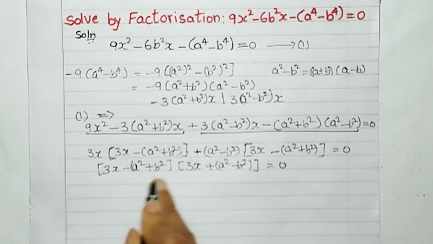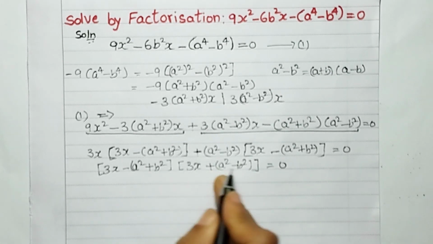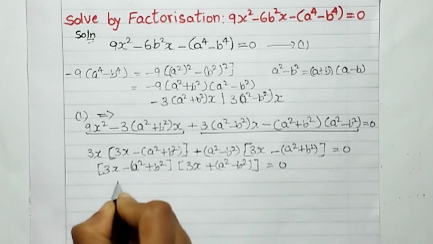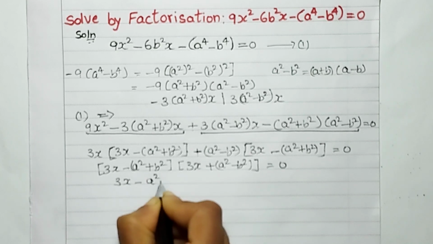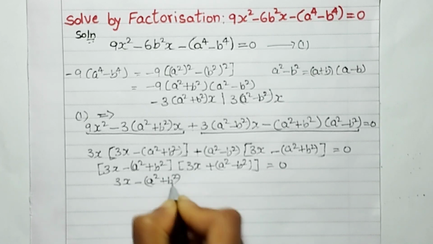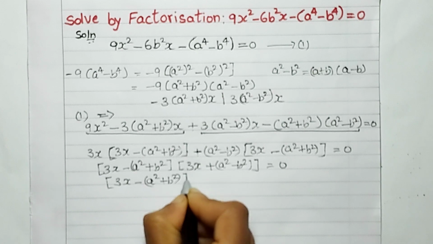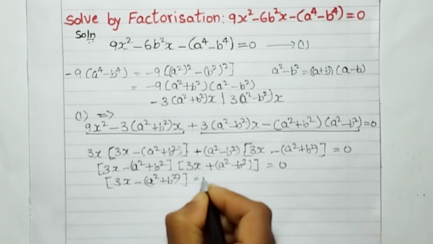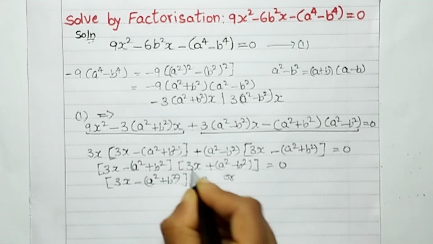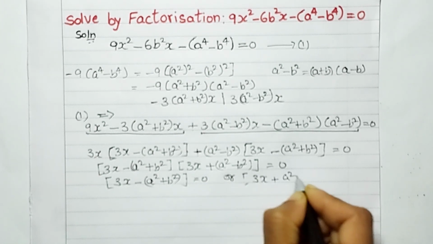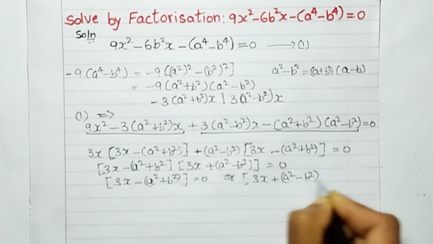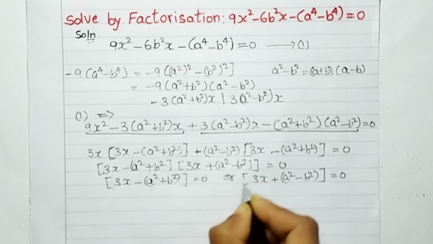Now these are two linear equations. Make them separately: 3x − (a² + b²) = 0, or 3x + (a² − b²) = 0.